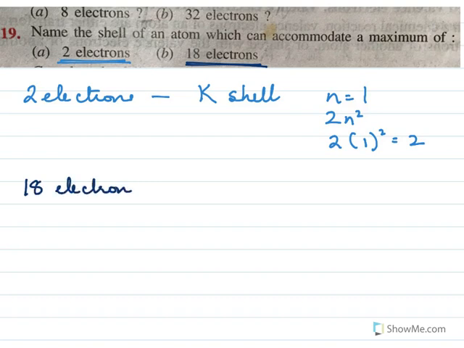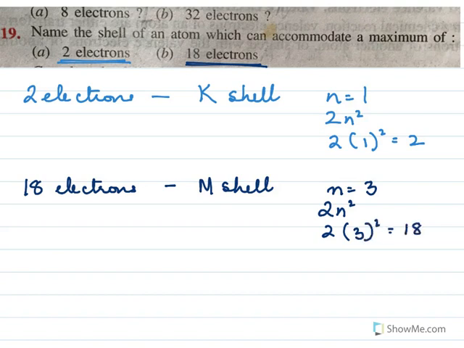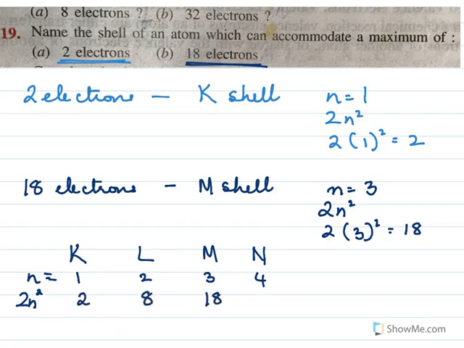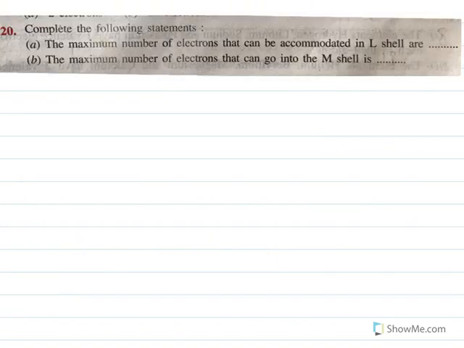So 18 electrons, it will be the M shell, because for M shell n equal to 3, it is 2n square, n is 3 square, and that is 18. Remember, we have shells K, L, M, N. Here n equal to 1, this is 2, this is 3, this is 4, and the maximum electrons is 2n square. If you put the formula here, you get 2, you get 8 here, you get 18 here, and you get 32 electrons, maximum electrons.